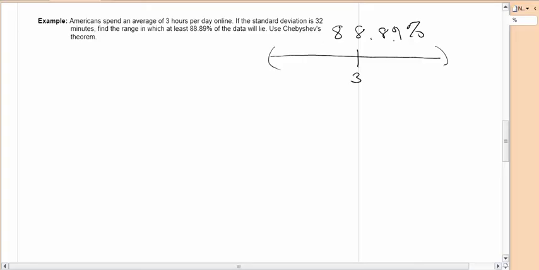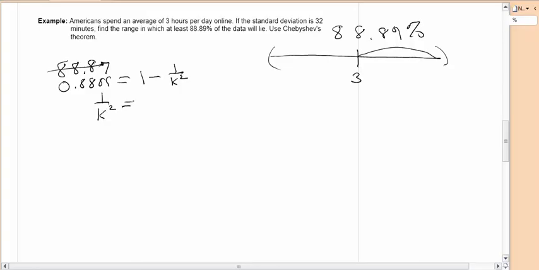The relationship between the percentage and that distance is given by 88.89%, which is 0.8889. That's got to be equal to 1 minus 1 over k squared, correct? Solve for 1 over k squared. I get 0.1111.